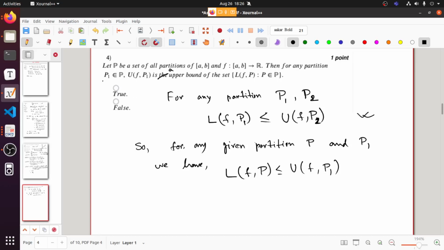Where this P1 is what is given in the question, P1 belongs to script P, and this P is also from the set of all partitions, for all P, right?